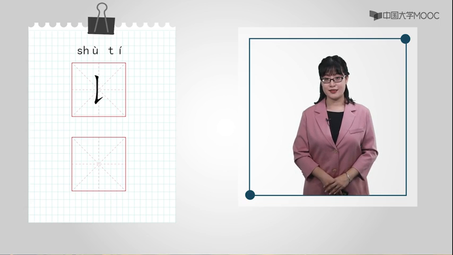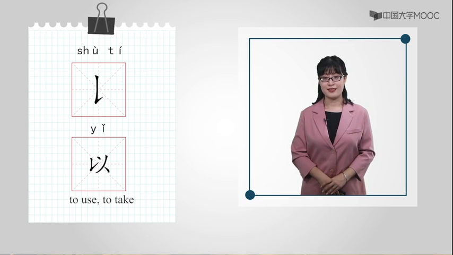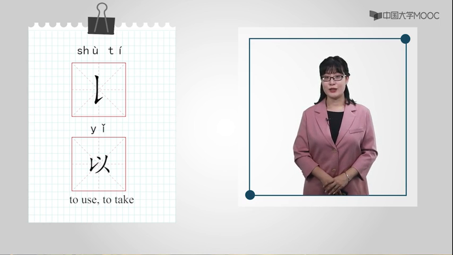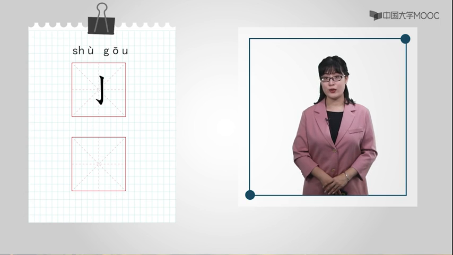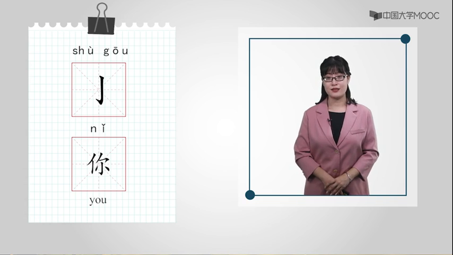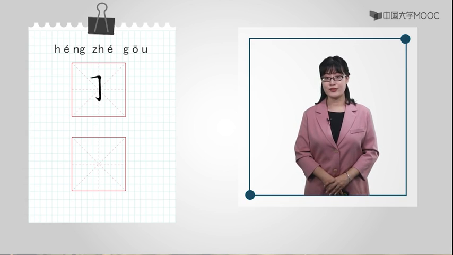竖提. This is 竖提. It writes like the first stroke of 以, to use, to take. 竖钩. This is 竖钩. It writes like the fifth stroke of 你, you. 横折钩.